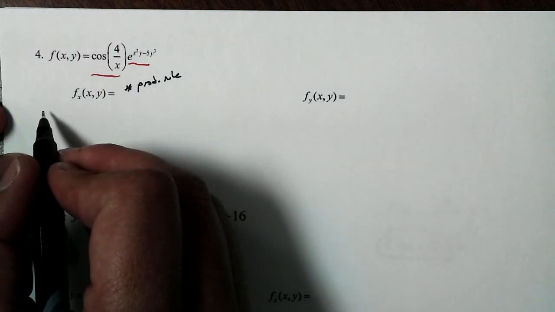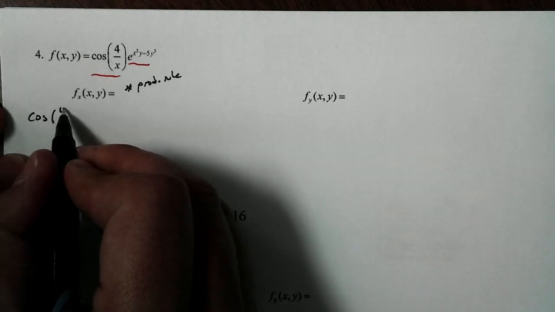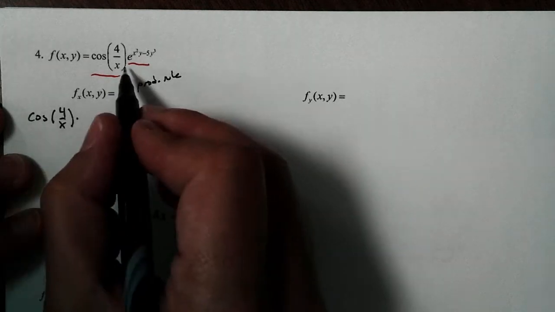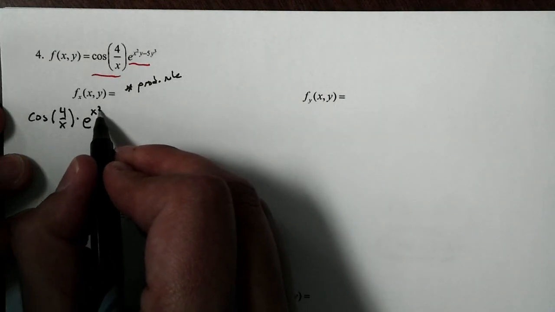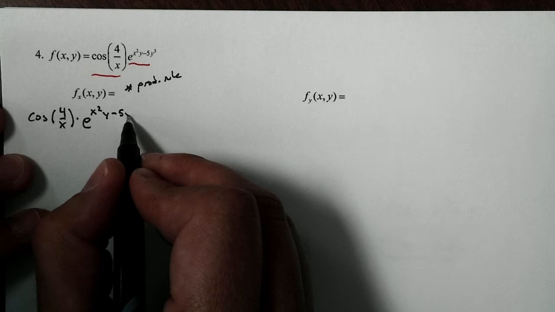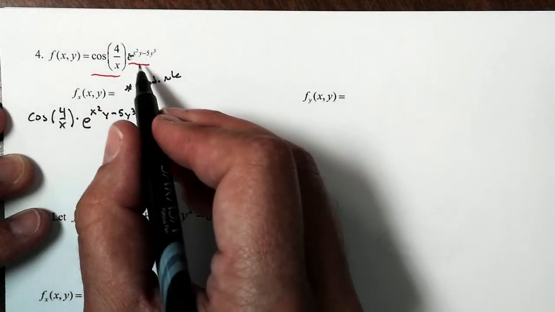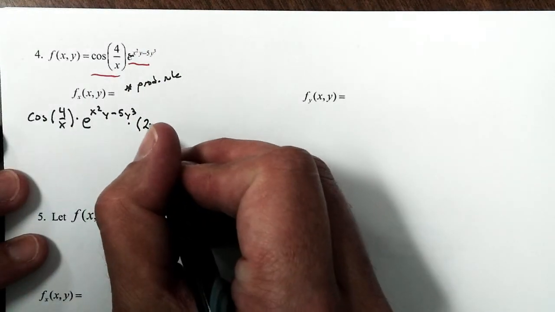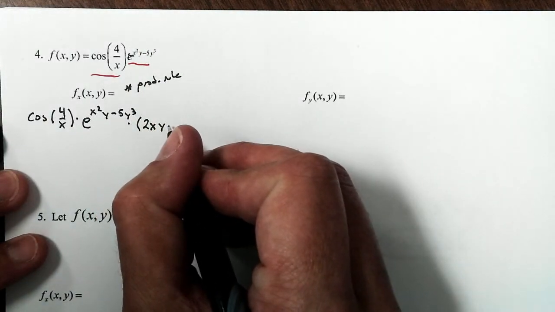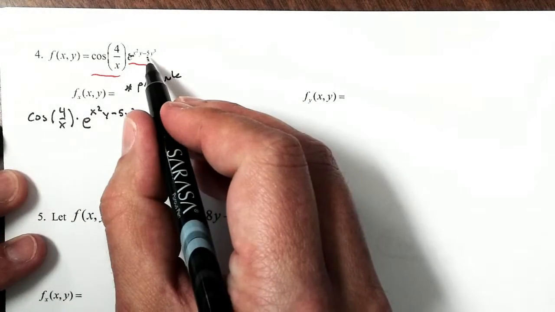So we're going to write out the first, cosine 4 over x, times the derivative of e. Well, that's just e to the x squared y minus 5y cubed, times chain rule, the derivative of the inside with respect to x. That just becomes 2xy minus 0 because that has no x to it.